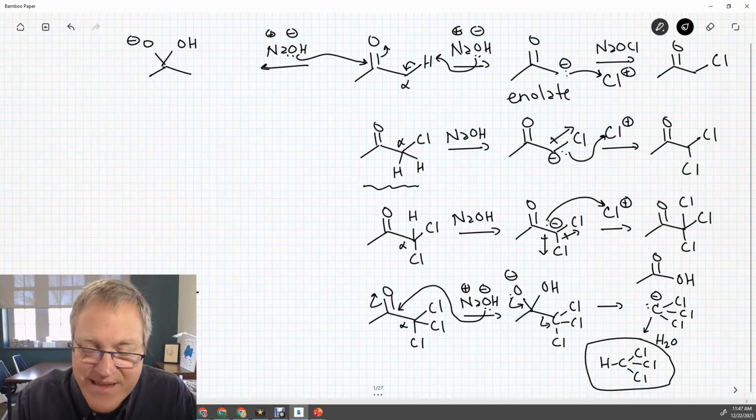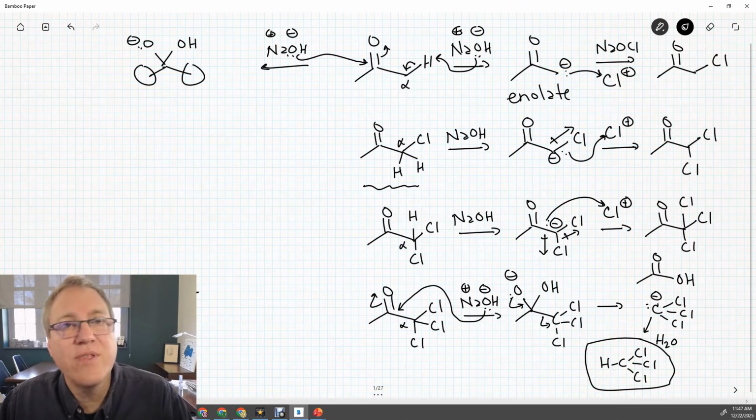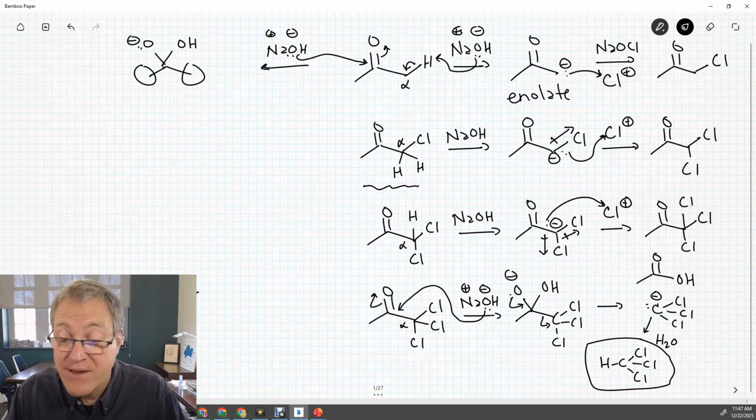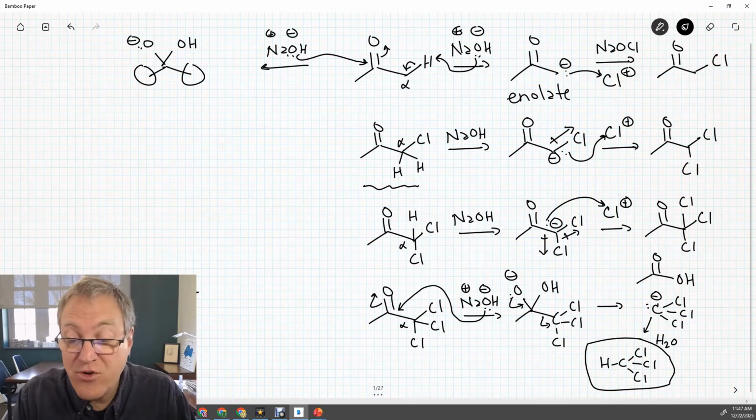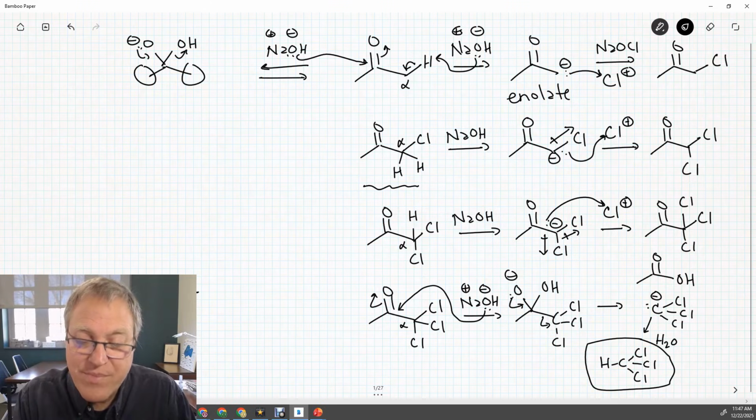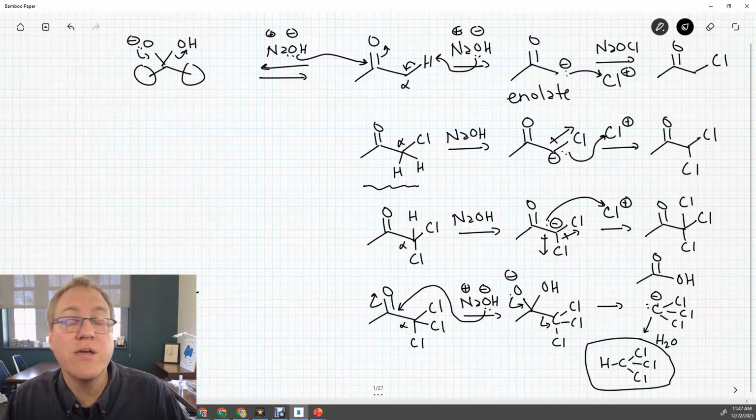The thing is, we can't kick out these methyl groups as leaving groups because they don't have chlorines on them. They're not going to be stable enough to get kicked out, to get ejected. So they are stuck. So what happens to this tetrahedral intermediate? It ends up kicking back out hydroxide and reforming the carbonyl. It's called a non-productive equilibrium.